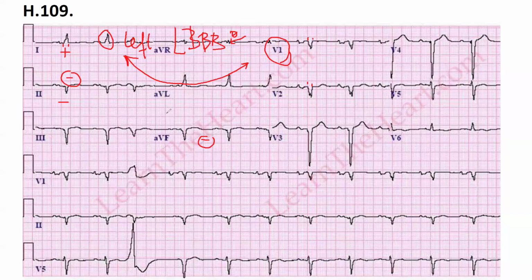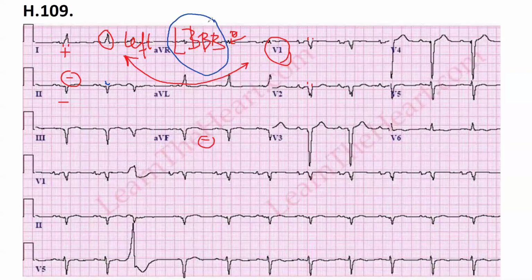Is it MI? No, because with MI you have to have a pathological Q wave, and I do not think so, because we have an initial R here. Another thing: if you have left bundle branch block, it is difficult to say, but left bundle branch block itself can cause extreme left deviation.